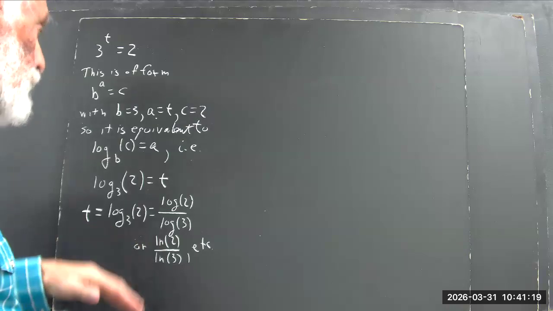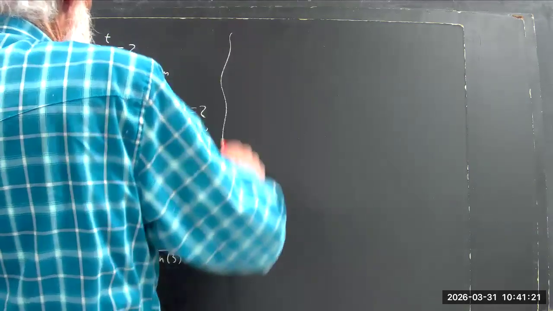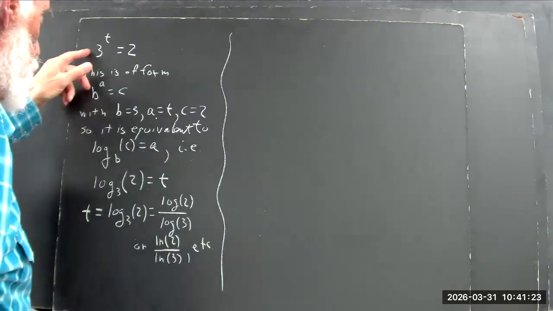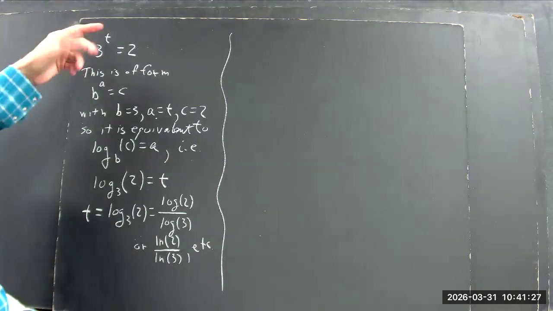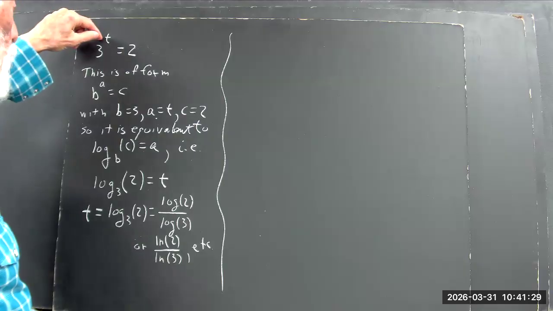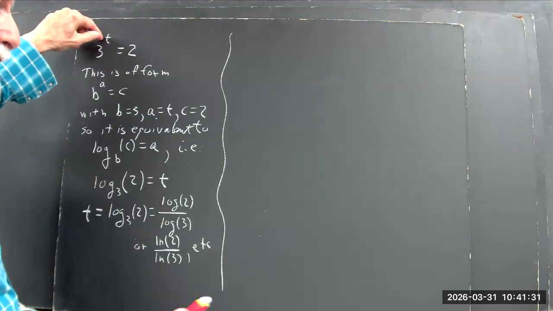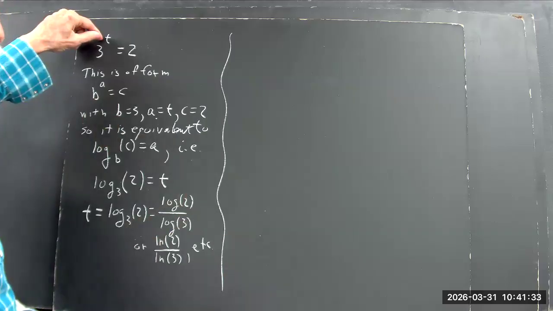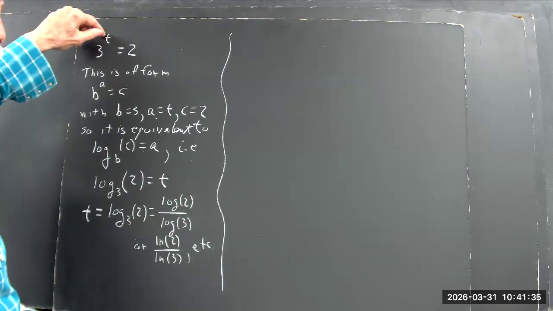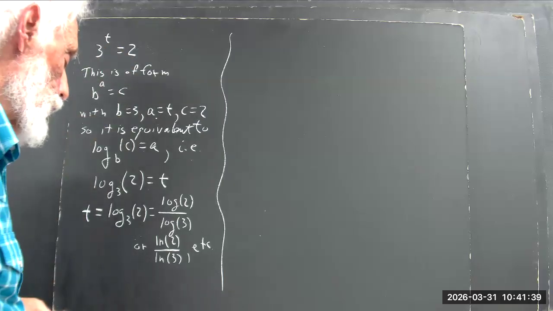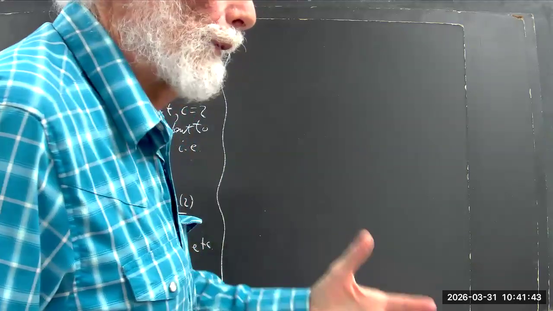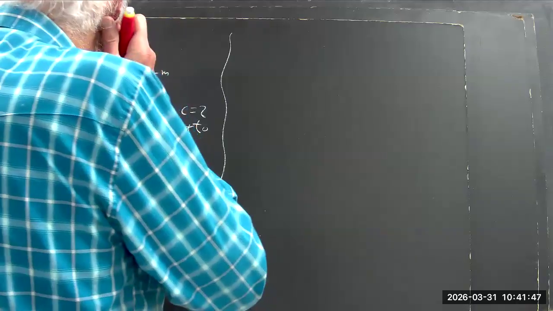Sorry, it's a doubling time, it's not the half-life. When t is the doubling time of the 3 to the t function, 3 to the t is going to equal 2. There's much more I can say, and maybe we will in this course, and maybe I'll leave that to your calculus course.